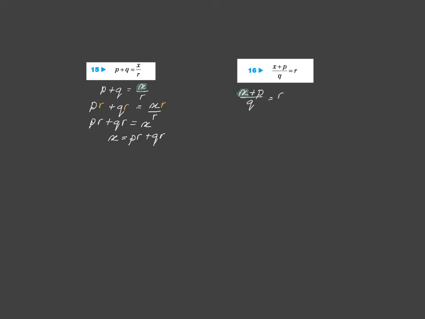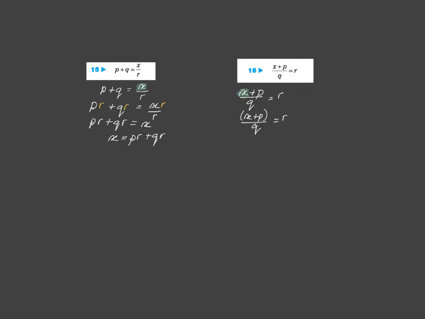In number 16, you have x plus p over q is equal to r. And we have to make x the subject. A fraction line also operates as a bracket, and I'm actually going to write those brackets in because it's easier to understand. So on the left we have x plus p over q is equal to r.